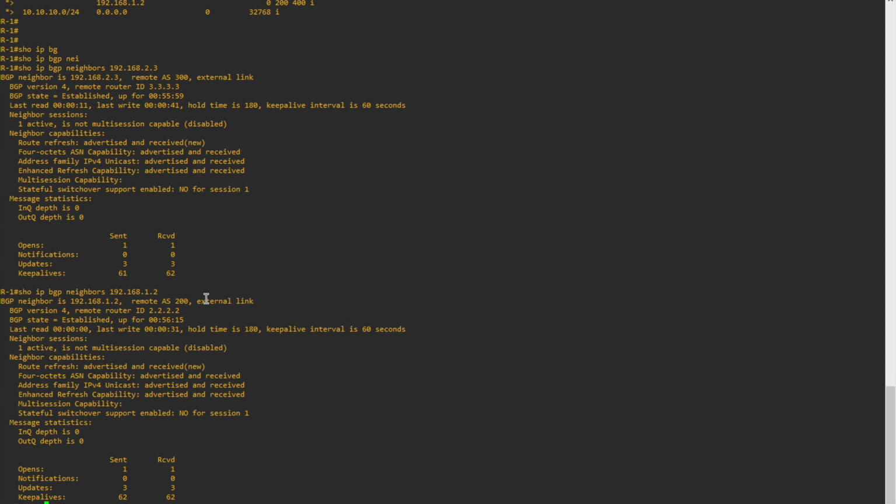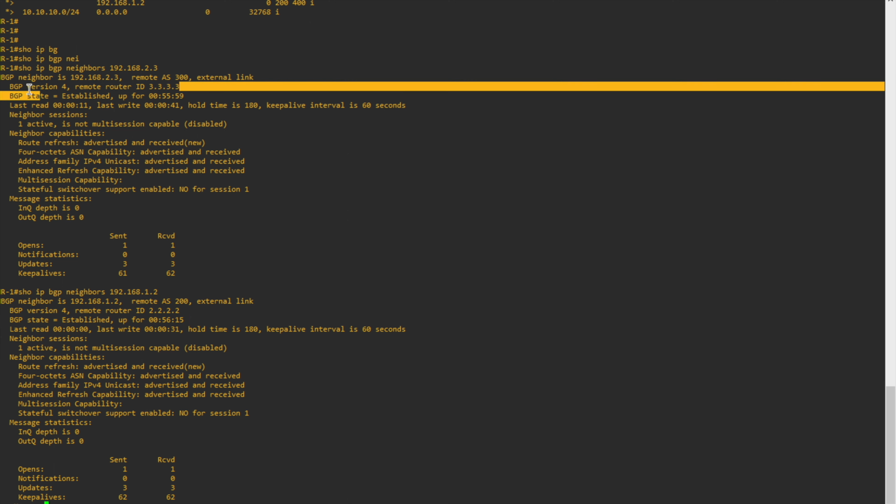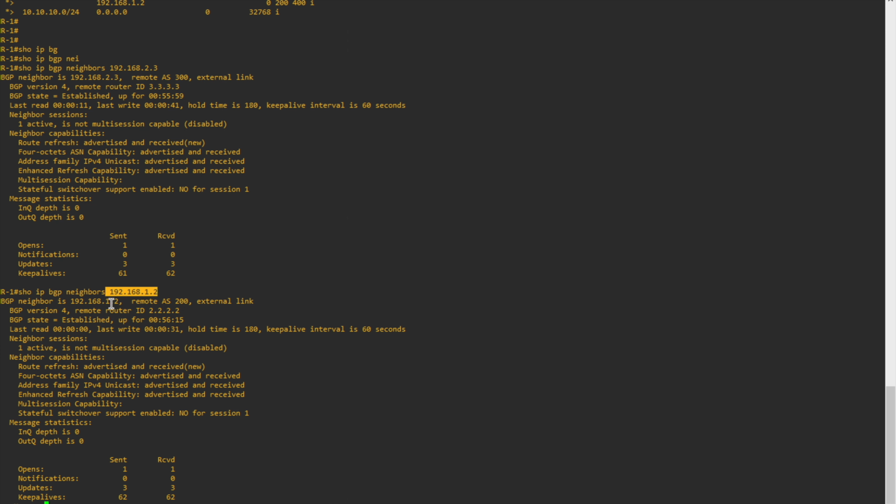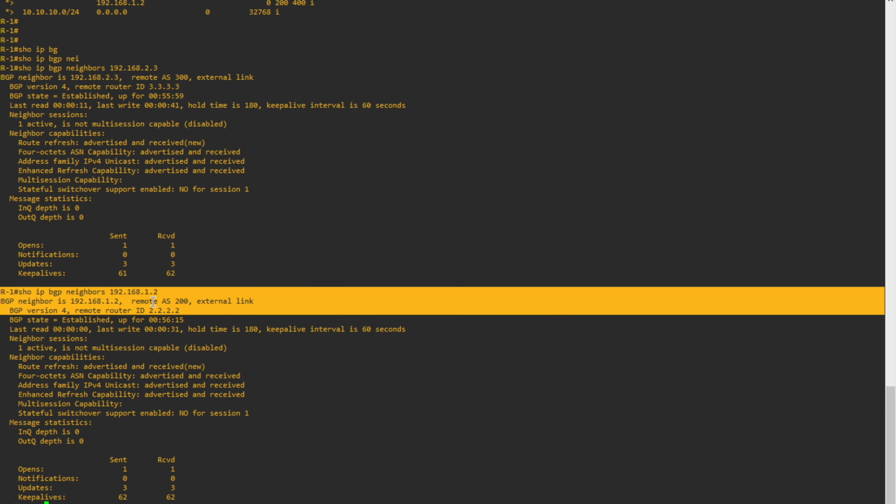Here it is. What we check here is who has the lower router ID. This is neighbor 2.3, and its router ID is 3.3.3.3. The next one is neighbor 1.2, and its router ID is 2.2.2.2. So who has the lower router ID? This neighbor, 1.2.